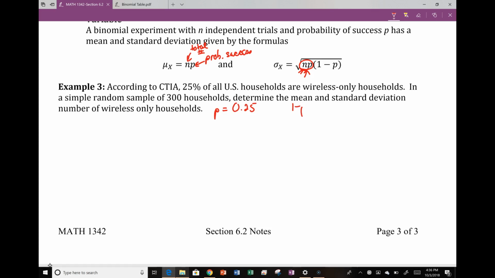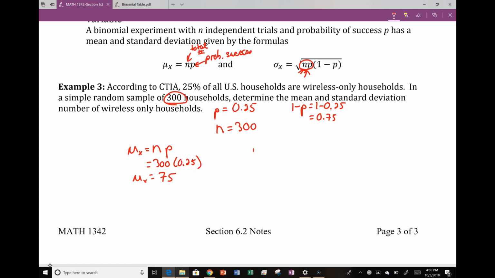So the probability that they're not wireless-only is going to be 1 minus 0.25, which is 0.75. There are 300 households, so n is 300. So our mean for this case is n times p, so it's going to be 300 times 0.25, which gives us 75 households on average are wireless only.